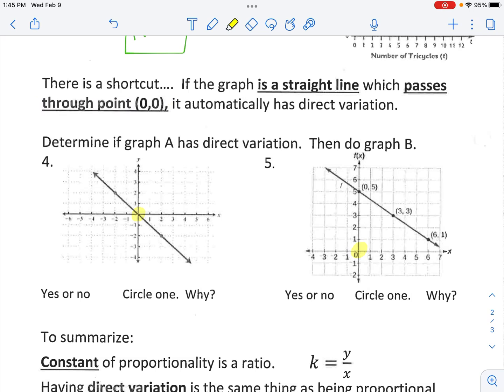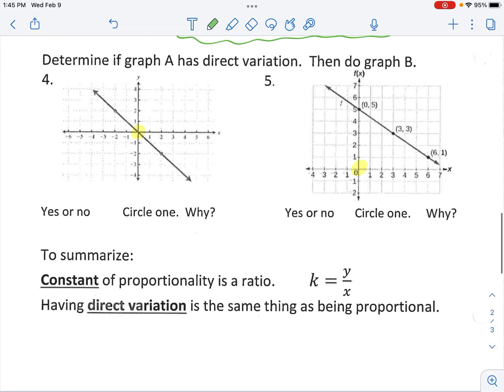There is a shortcut. If you look at the graph and the line on your graph is a straight line, and the line also passes through points 0, 0 at your origin, it automatically has direct variation. So then you don't have to do any math. You can just visually look at your graph and say, yes, it has direct variation. So this can be mental math.